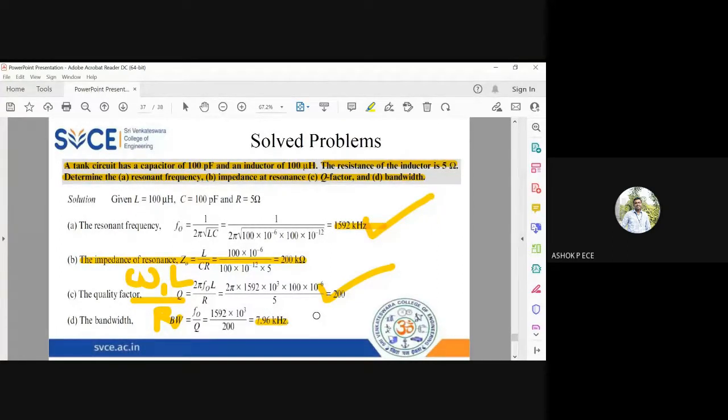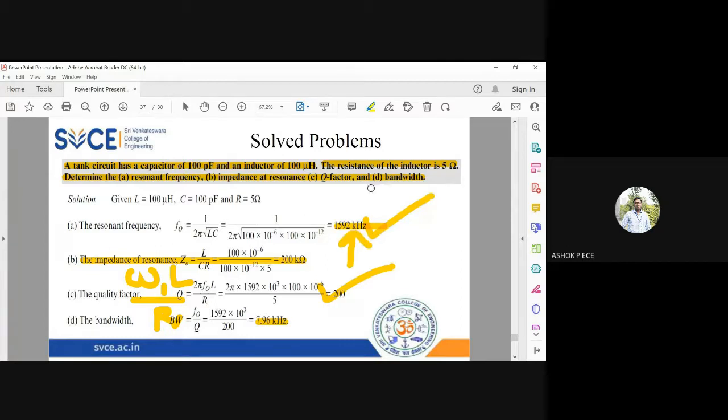So one important observation for a tuned amplifier is that the bandwidth will be very, very narrow. Usually bandwidth will be hundreds of kilohertz, but here it is only around 8 kilohertz. It is very, very small, which means that it is a highly selective network which will work only at one particular frequency, this 1.592 megahertz.